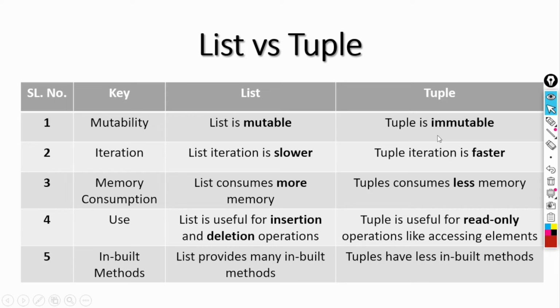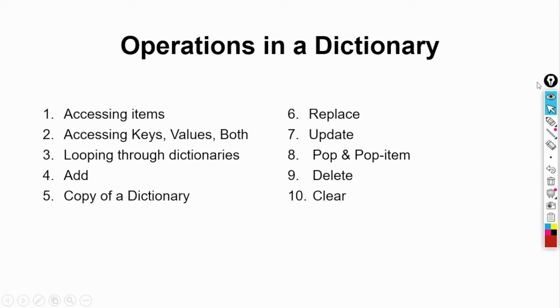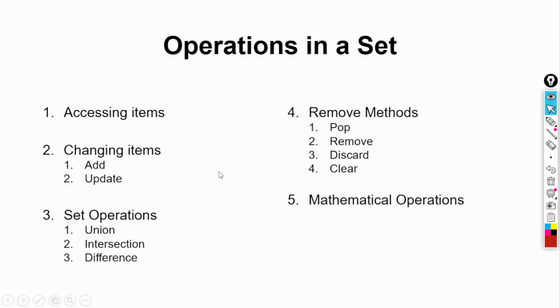Now, dictionaries. Dictionaries and sets have their own operations, and I really do not want to go into detail now. We'll be seeing everything in the lab session. One important thing that I wanted you all to know: sets have incredible operations which people from any mathematical background would understand.